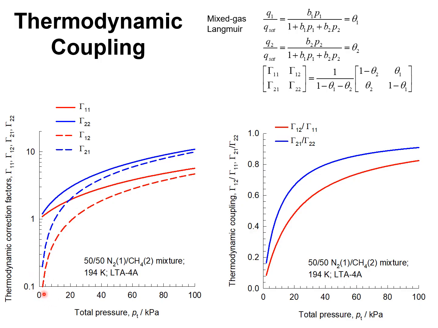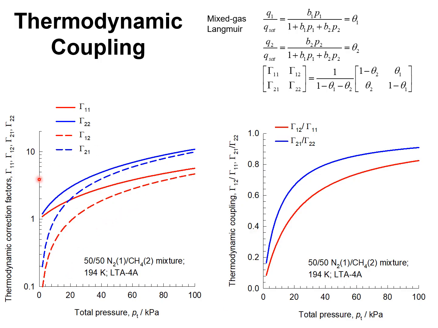In the Henry regime at low bulk gas pressures, the diagonal elements are both unity and the off-diagonal elements are vanishingly small, and at zero loading, the off-diagonal elements are 0. As the total pressure increases, we note that the off-diagonal elements increase in magnitude and reach almost the values of the diagonal elements.